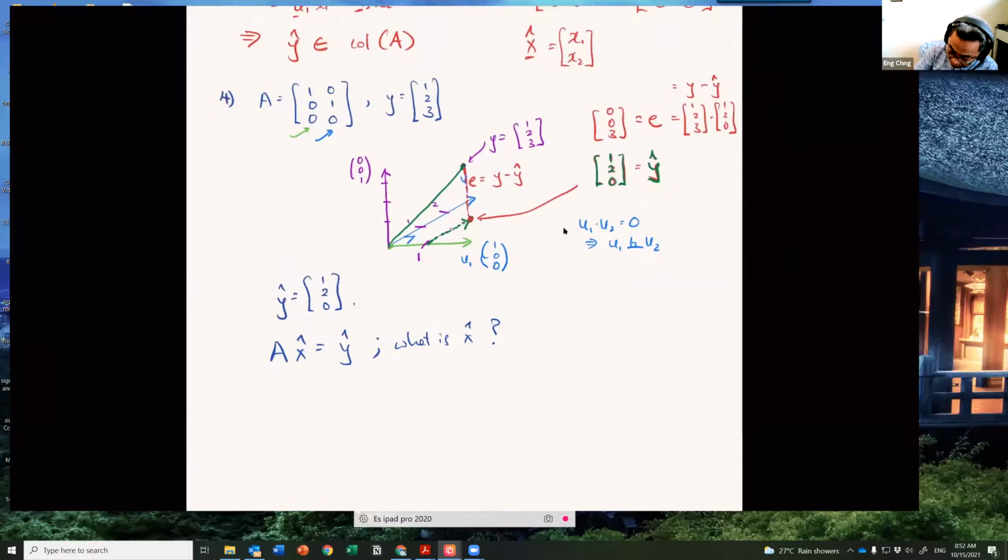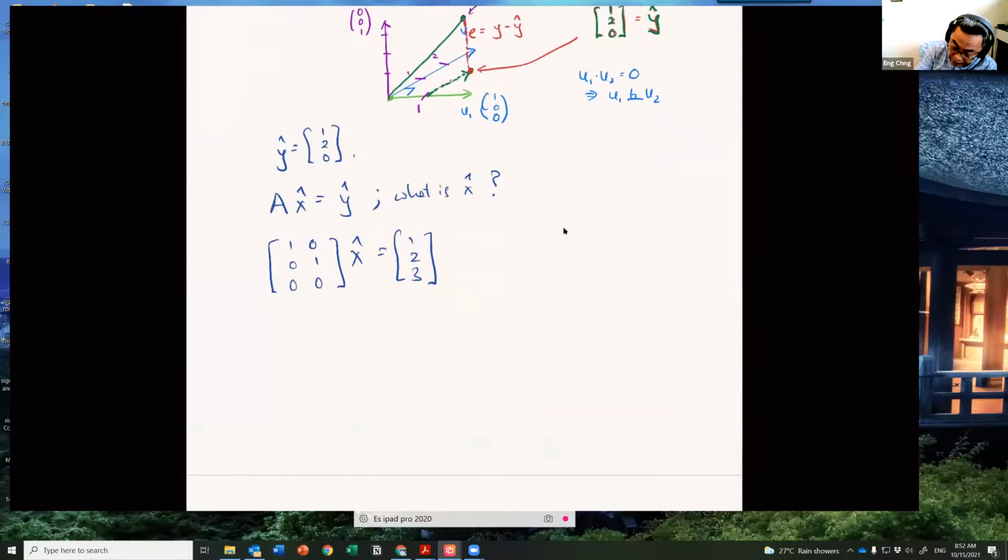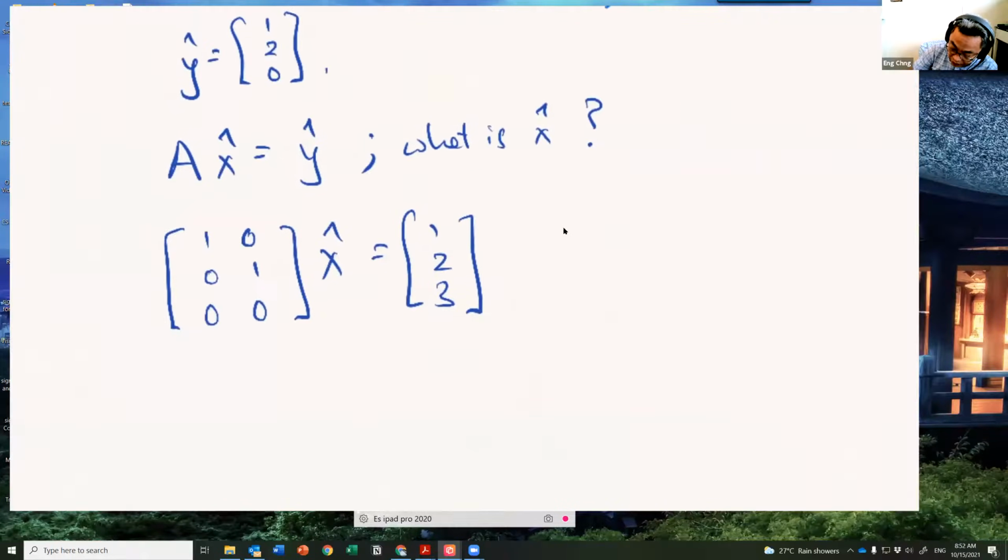So we write our A again: 1, 0, 0, 0, 1, 0. X hat equals 1, 2. And of course, there's nothing for you to do because it is so obvious, right? Because you can see it.